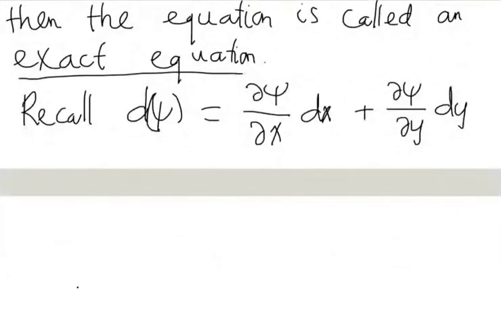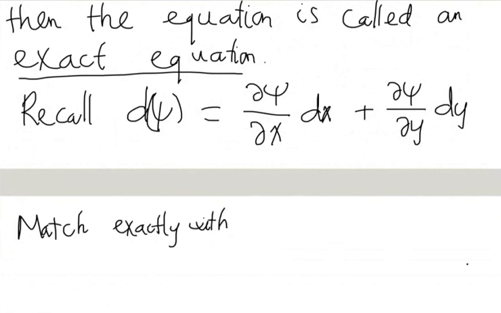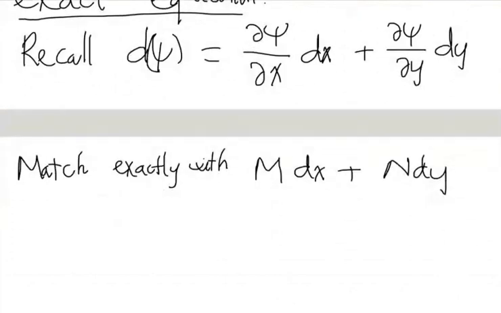So if we want this to match exactly what is the right hand side of the equation, M dx plus N dy. Now I dropped the variables x, y, but keep in mind that M depends on x and y, N also depends on x and y. But for simplicity, I just drop those.